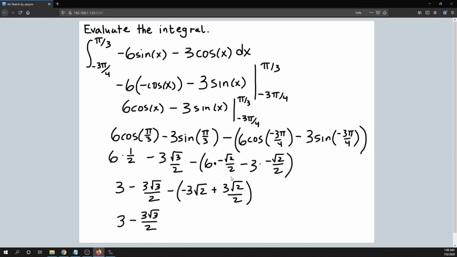So I should have left this one, and I'm going to rewrite it as minus 6 root 2 over 2. That way I have a common denominator here, because simplifying that, I would have had to turn around and go back and get a common denominator. All right, so I have minus 6 root 2 over 2 plus 3 root 2 over 2. That's going to be minus 3 root 2 over 2, like so.